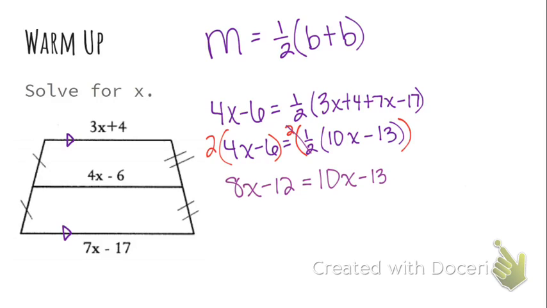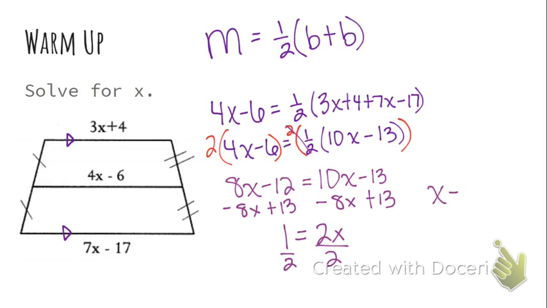From there I would recommend subtracting 8x on both sides so that your x stays positive, which would mean we would need to add 13 on both sides. When we do that, we would get 1 equals 2x, and then divide both sides by 2. x is equal to 1/2.